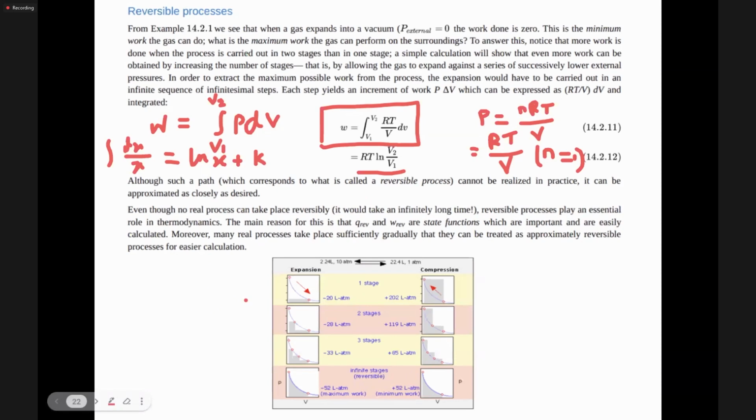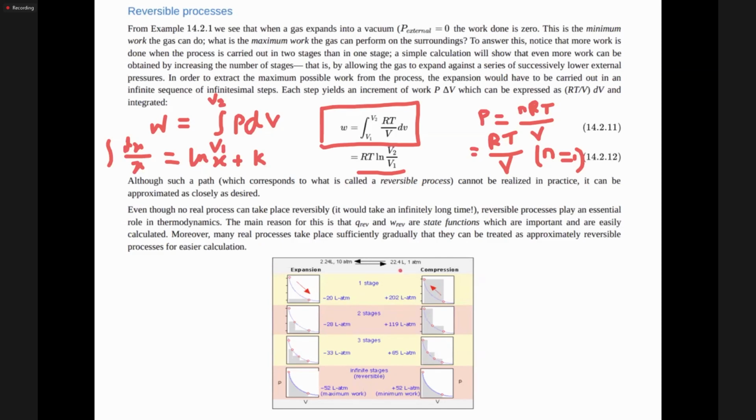Here is a picture for an easy demonstration of a reversible process. If you see, there are two states of the gas. In the first state, the gas is occupying 2.24 liter of volume at 10 atmosphere of pressure, and in the last step the volume is 22.4 liter, because the gas expands as the pressure goes down to 1 atmosphere.